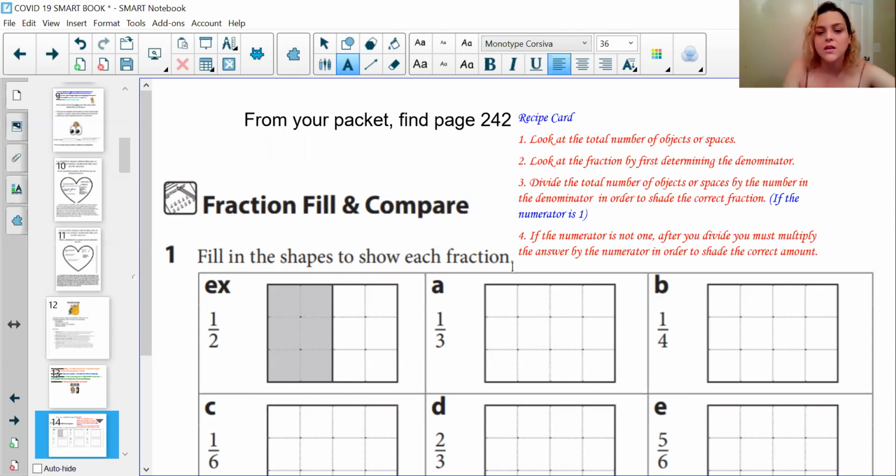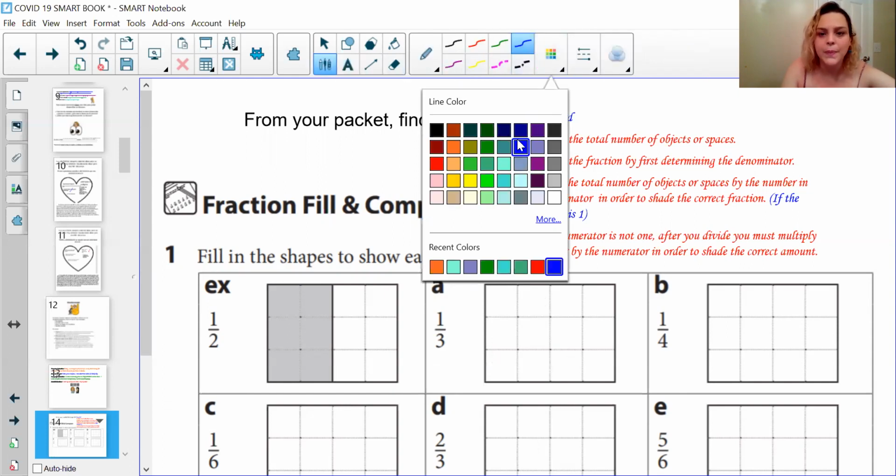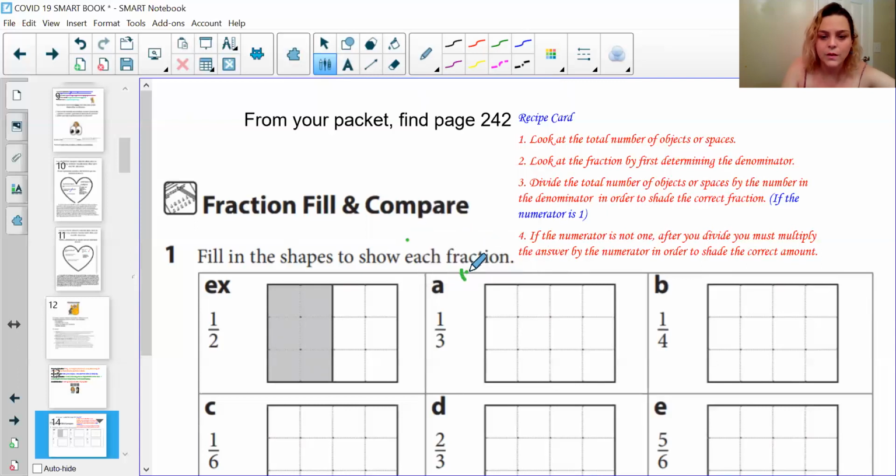These little boxes. So I'm going to write that down. Make sure you write this down with me as well so that you're following along. So we have 12 spaces. Let's look at number 2 for our recipe card. It says, look at the fraction by first determining the denominator. If I look, the number at the bottom of the fraction is the denominator and it's a 3.